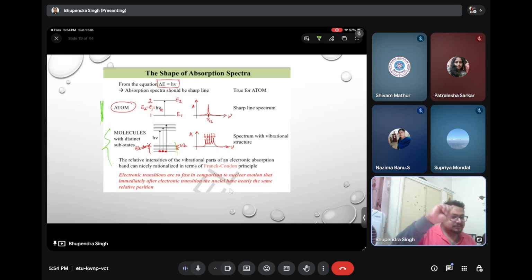Of course, as we have seen in the Franck-Condon principle diagram, the intensity of the transition will be higher or lower, but the transition will be there. So that is why you will see a broad spectrum. If you collectively see the spectrum, it will look something like this. That is why the spectrum with the vibrational structure of a molecule is broadened. Perfect?